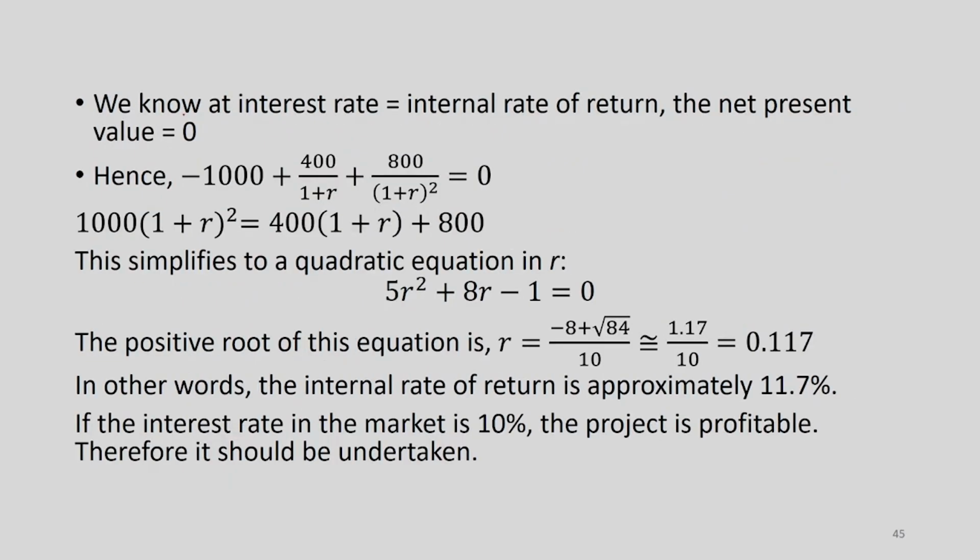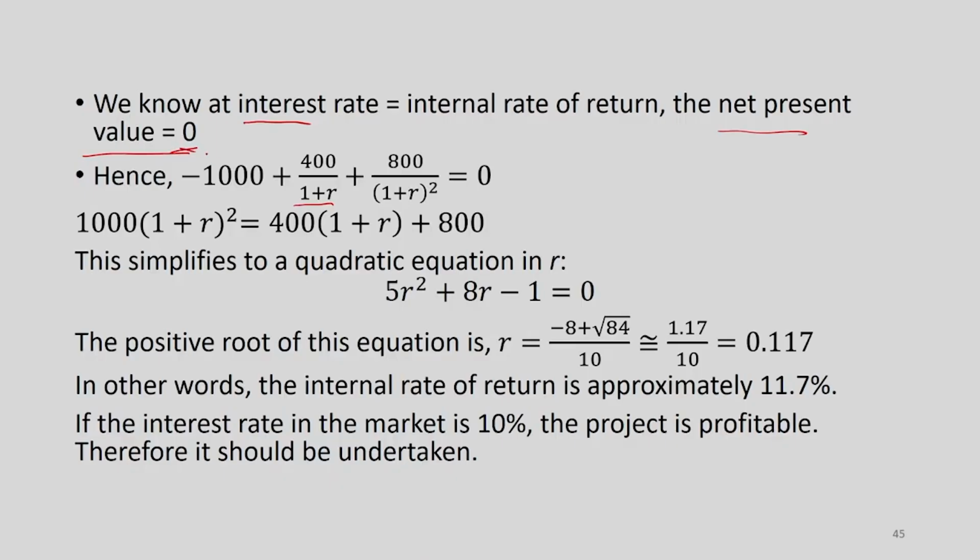Now, what is the internal rate of return? We know that at the interest rate equal to the internal rate of return, the net present value is 0. All right. So, that is the idea of the internal rate of return. If we take the rate of interest which we are using to get the present value as the internal rate of return, then the NPV, or the net present value, will be equal to 0, right.